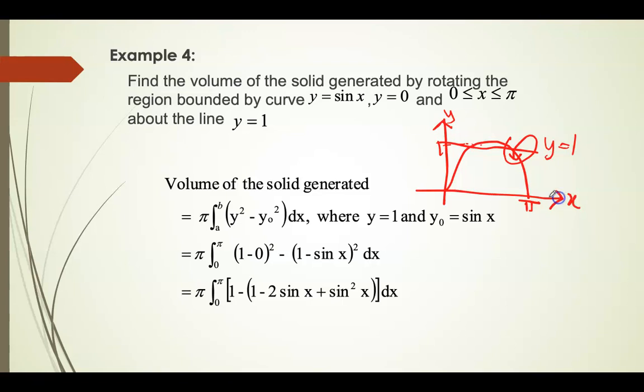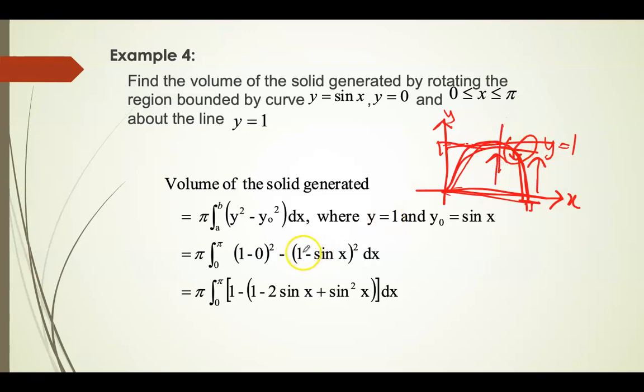So that tells you it is always towards the axis. Right now, this line is on top, and the curve is below. So this line is going to minus out the curve of sine x. But you also have to consider that it is no longer sine x. The sine x has gone underneath the axis, which means it has gone down.